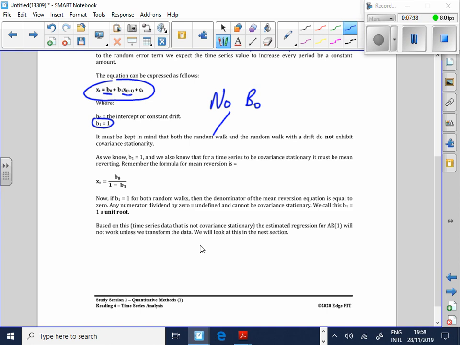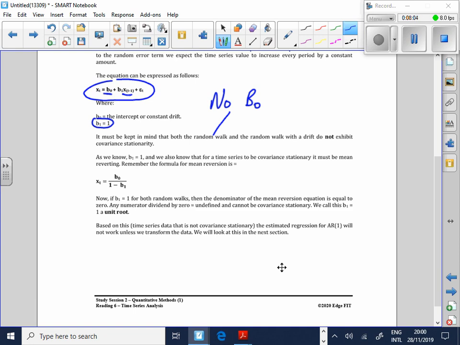Remember, the random walk with no drift, just a simple random walk, only differs in the B0, doesn't it? Correct. They're exactly the same in the B1 term, but it's the B0 term that differs for drift and no drift.